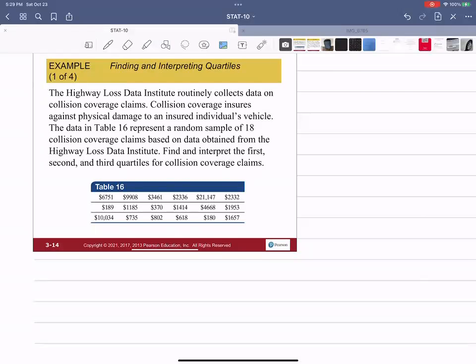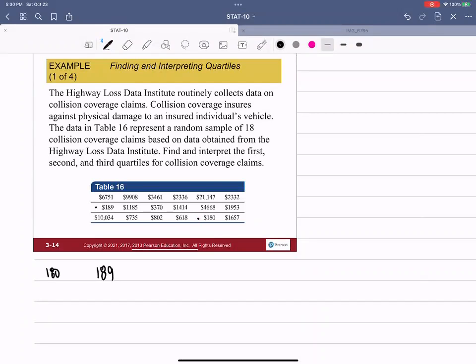Okay, so here we have the data set, and first things first, we're going to put this in order, just like we did for the median. And let's go ahead and get started. So let's see, the smallest value is 180, and I see that right here. So let's start with that, 180. Then I see the next one, 189.